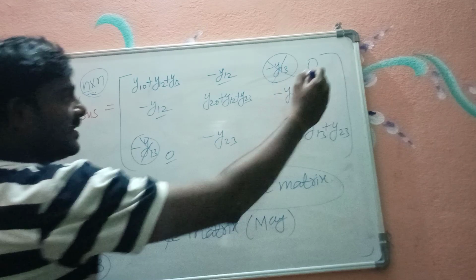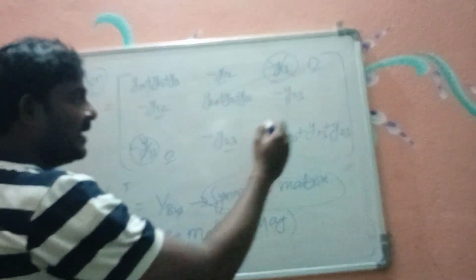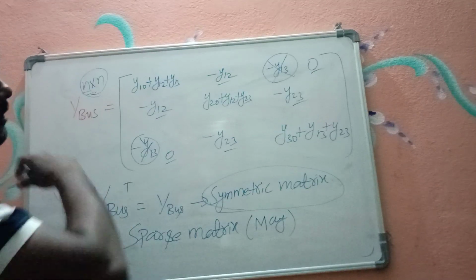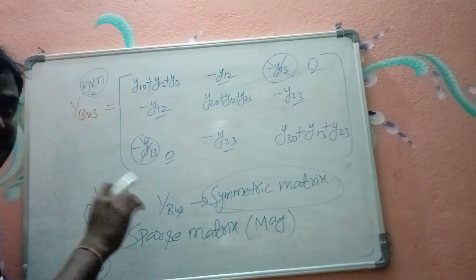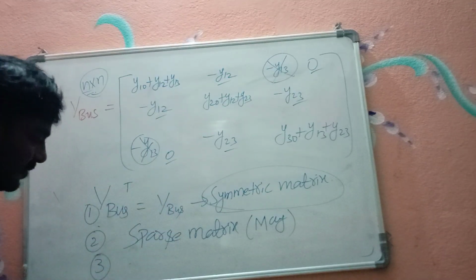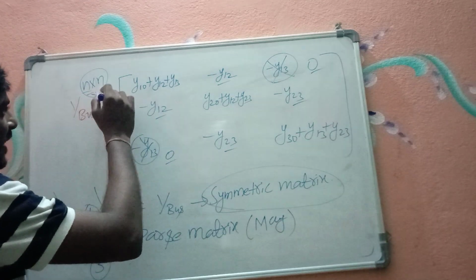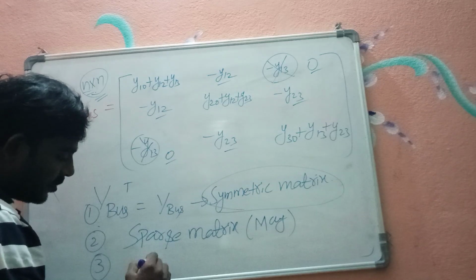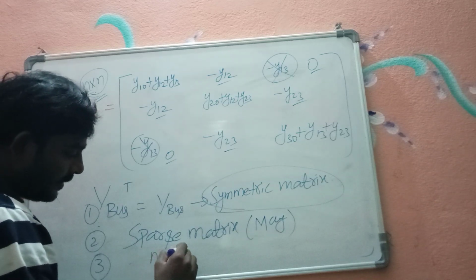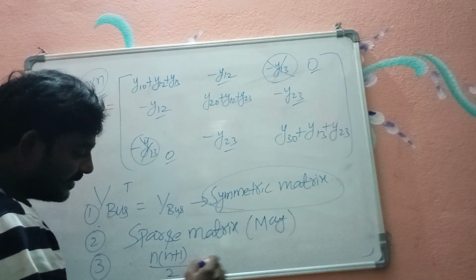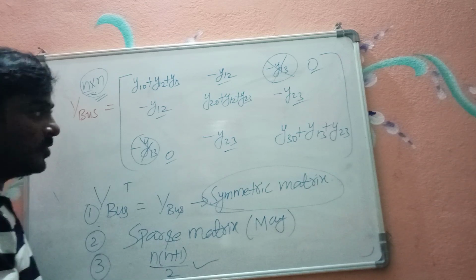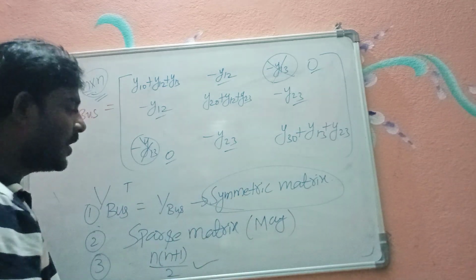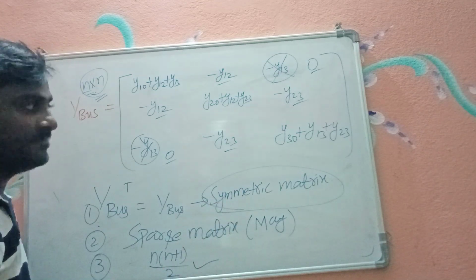Similarly, this value is same as this value, and this value is same as this value. Hence, there is no need to store all the elements in the digital computer. So for a Y bus matrix of order n by n, it is just sufficient to store n into n plus 1 by 2 elements in the digital memory. So the memory requirement will be lesser because of this nature of symmetry.